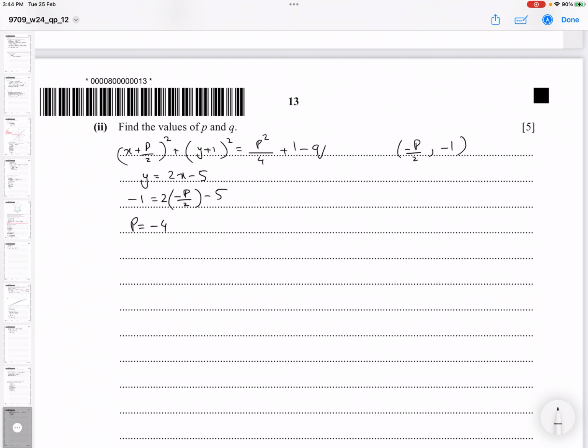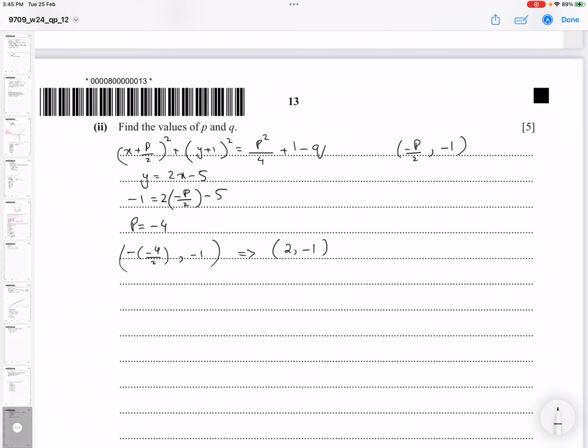So the coordinates of the center of the circle would be, you write 4 minus 4 over 2, comma minus 1. So this gives us (2, minus 1).